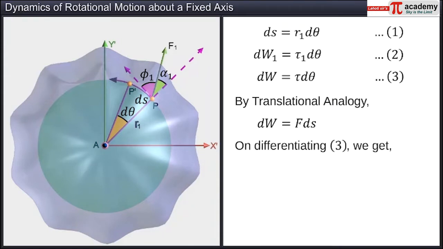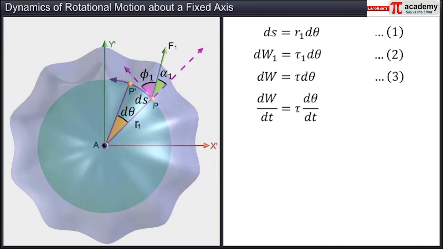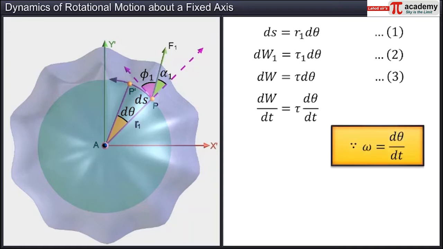On differentiating equation 3, dW is equal to tau d theta, we get dW by dt is equal to tau into d theta by dt. But since angular velocity omega is equal to d theta by dt, we get dW by dt is equal to tau omega.